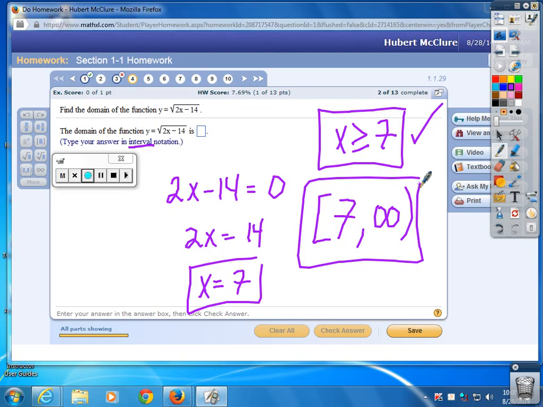When you take this and hold your pinky up, x, such that x is greater than or equal to 7, and braces. That's set builder notation. Those are your 3 possible answers. But make sure you read the directions, because the directions say interval notation. That's this one.